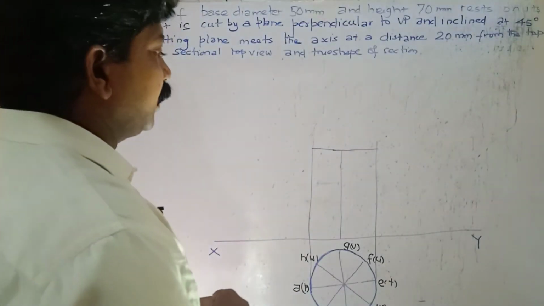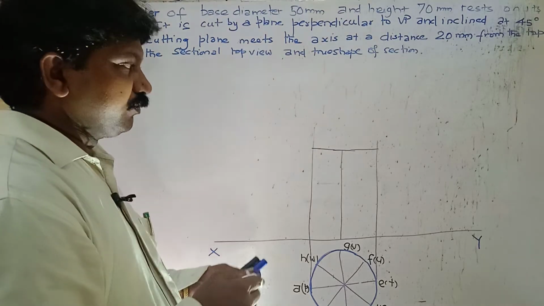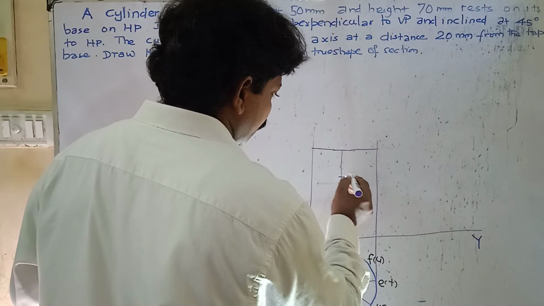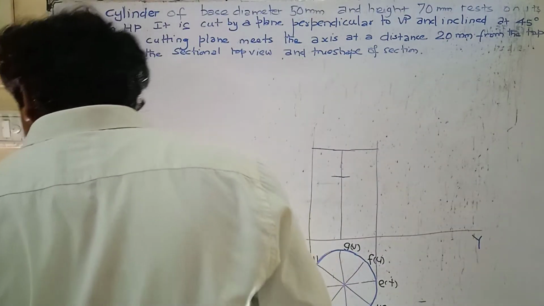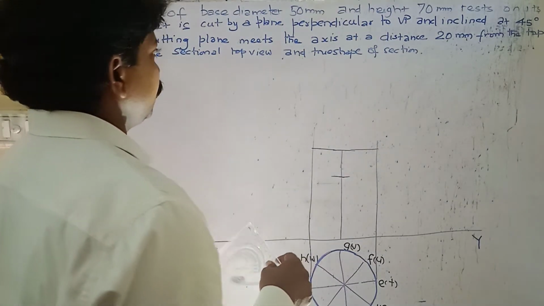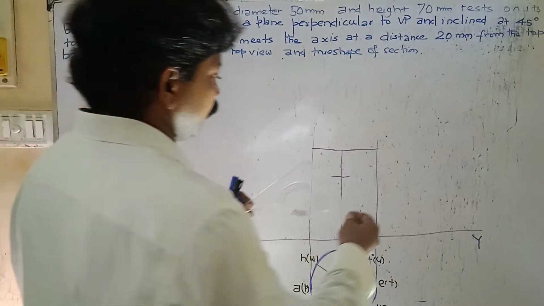Our cutting plane meets the axis at a distance 20 mm from the top. So 20 mm distance from the top, draw a horizontal line using 2H pencil and then fix the protractor here. Take 45 degree inclination, because the cutting plane is perpendicular to VP and inclined 45 degrees to HP.